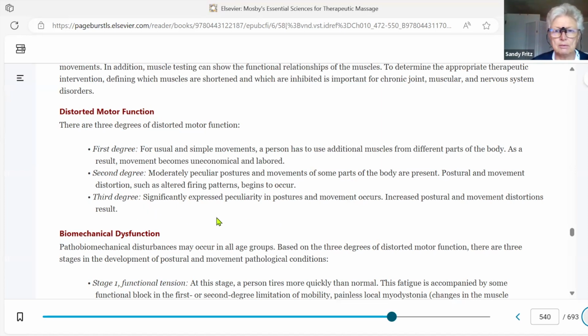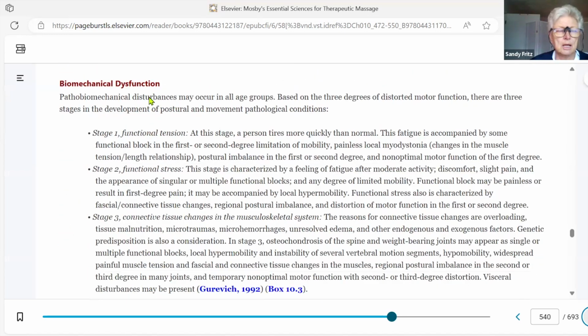And then in third degree, you're actually seeing postural and movement distortions. It's obvious for us to identify. And then how this leads into the various dysfunctional areas, and when it's appropriate for us to intervene autonomously, when we need to refer and learn to work with other professionals that are part of helping that person achieve optimal function.